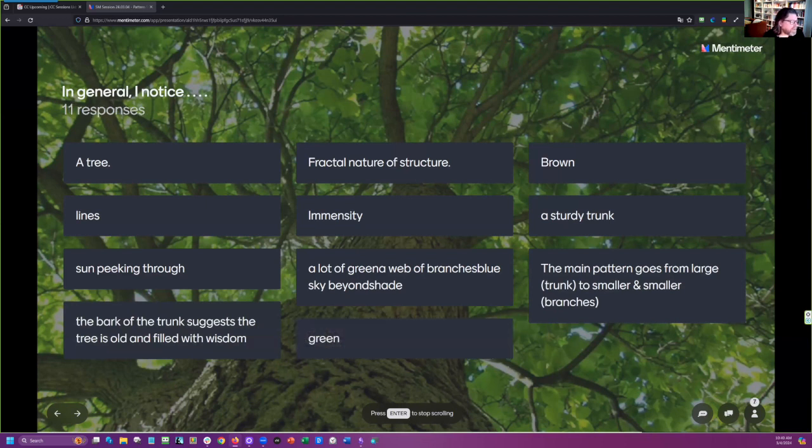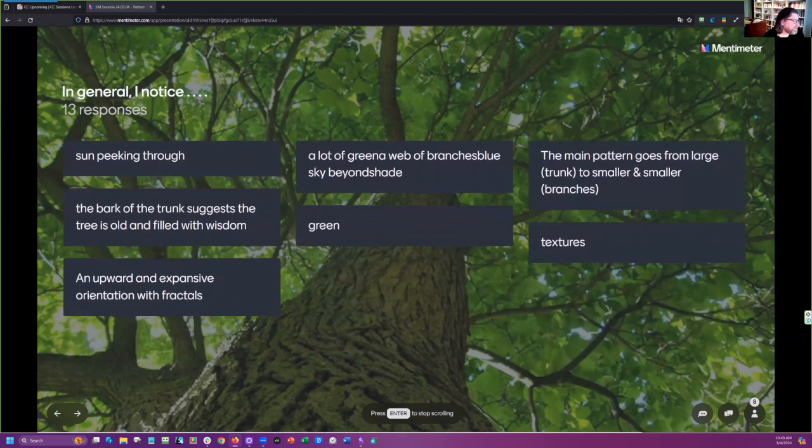Sky. Made so that it goes from large to smaller and smaller. Sun peeking through. That's interesting. I would not have noticed that. All right. So that's the in general piece.